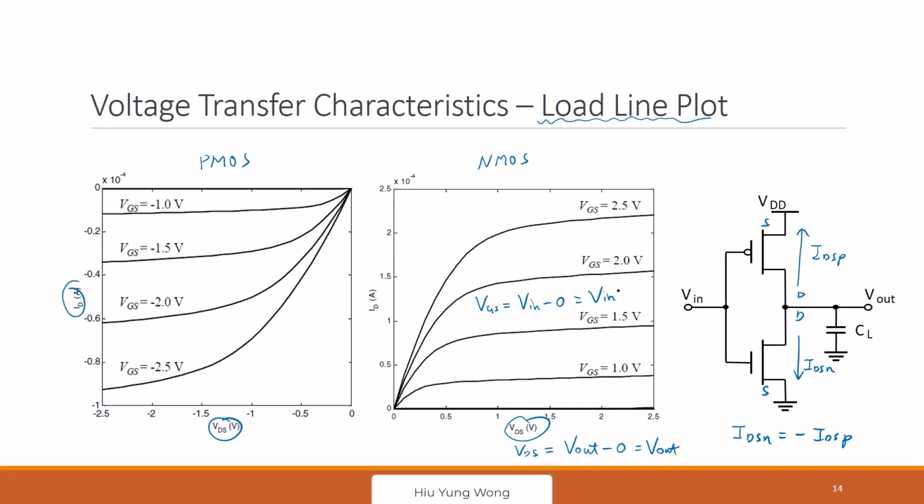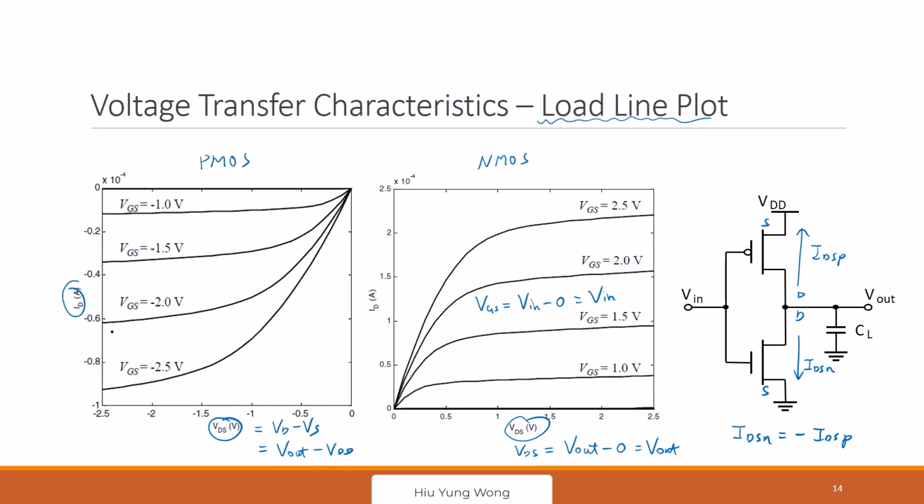What is VDS in PMOS? VD minus VS. Okay, so we need to be very careful. VDS means VD minus VS. So what is this again? V out minus VDD. Exactly. And that's why you get a negative value, because V out is always smaller than VDD.